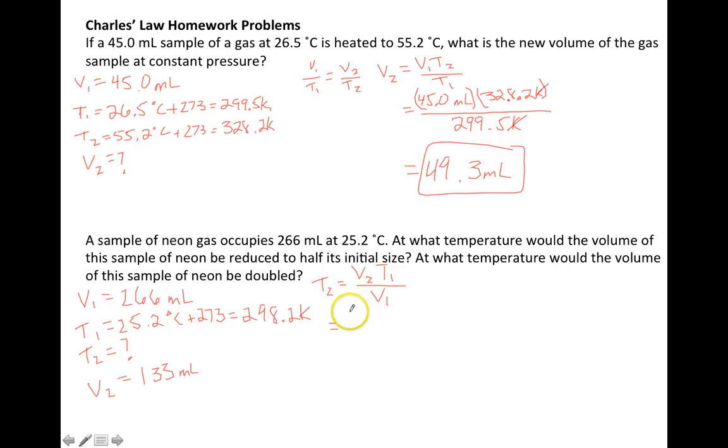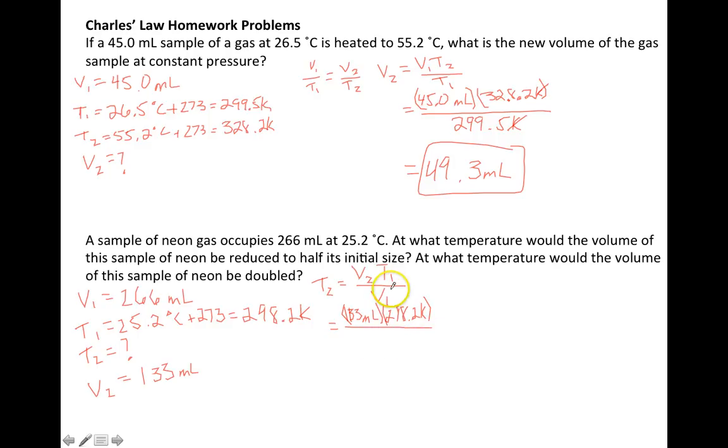And so V2 is 133. So that's a 3. 133 ml. And T1 is 298.2 kelvins.